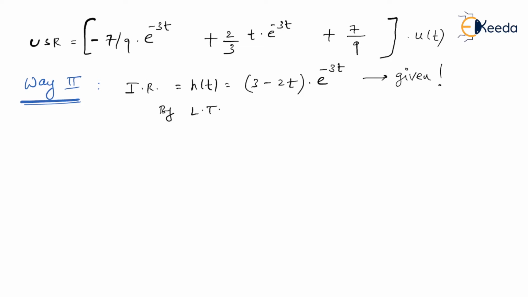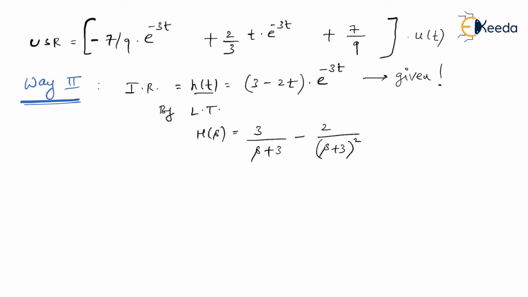By Laplace transform, instead of h of t, now I can write h of s, and this is what we call the transfer function, which is 3 upon s plus 3 minus 2 upon s plus 3 whole square.